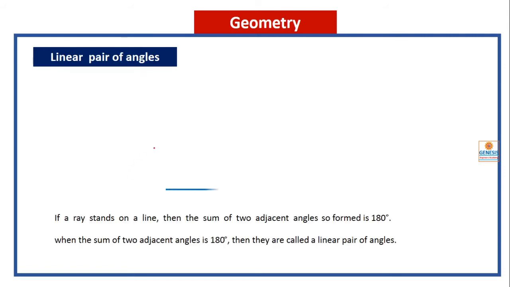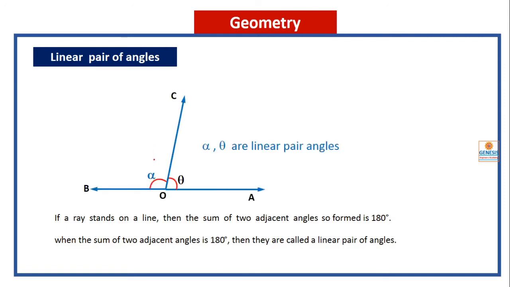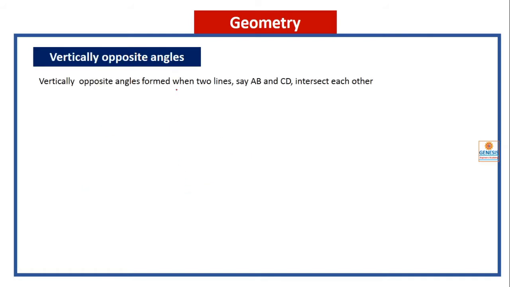Next one is the linear pair of angles. If a ray stands on a line, then the sum of the adjacent angles so formed is 180. So it is a straight line angle or straight angle. Then alpha plus theta is equal to 180. These two angles have the same common vertex. So we call this a linear pair of angles.